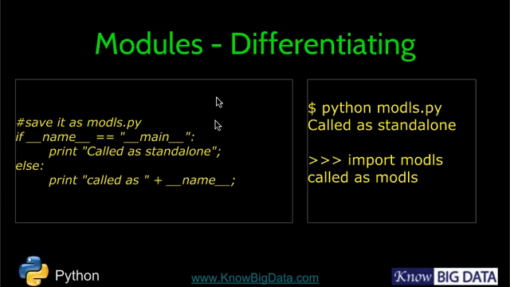So here when it says __main__, it shows that it is being called from the command line. When Python standalone calls the program, it sets the name variable to __main__. Otherwise, it is set to this one. I'll show you this.